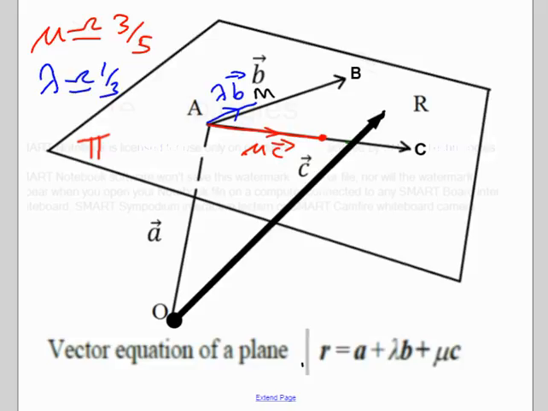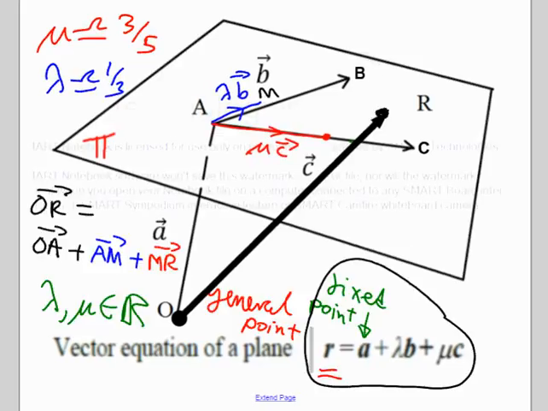We can think, well, if we consider in this diagram approximately a third of vector B and approximately 3/5 of vector C, and then try to use them to arrive at point R. Good old copy and paste there.